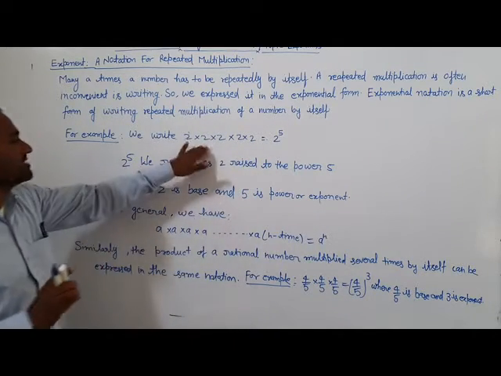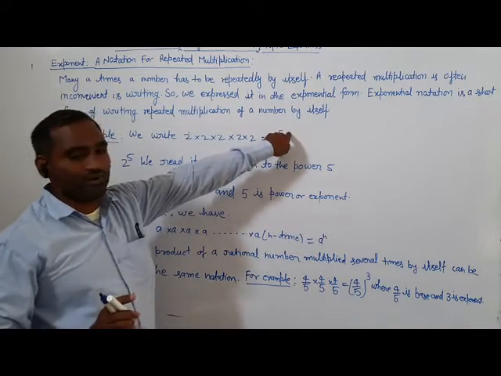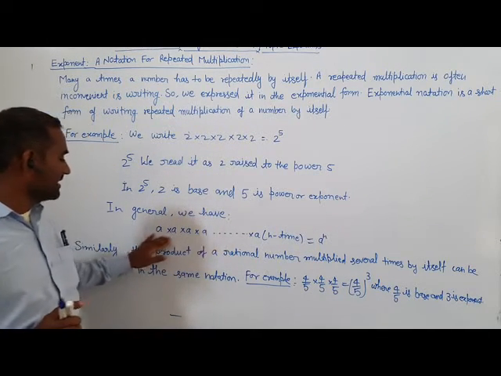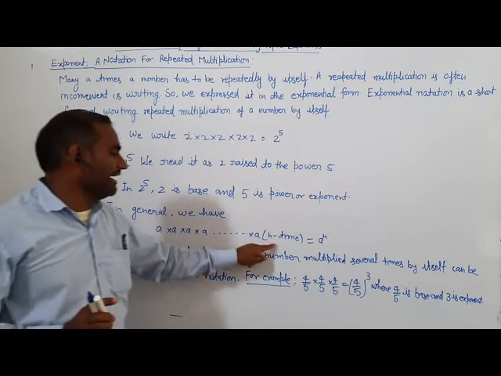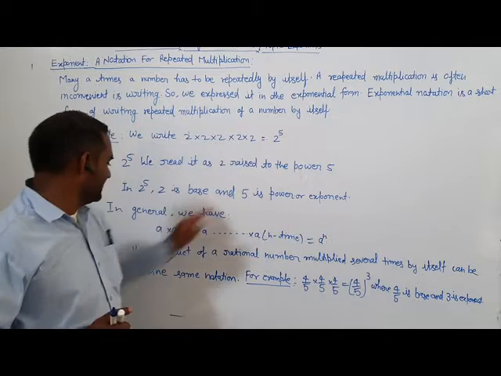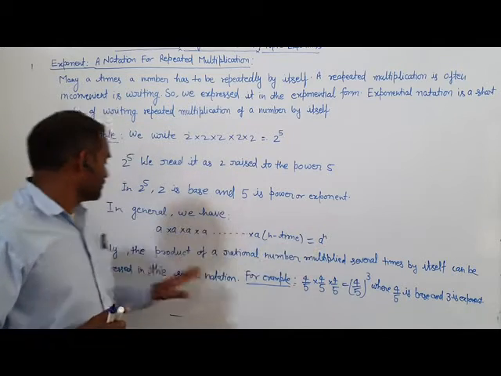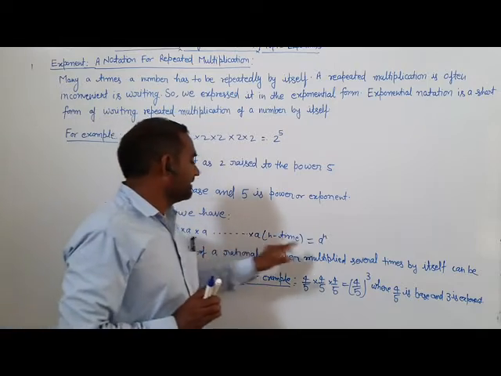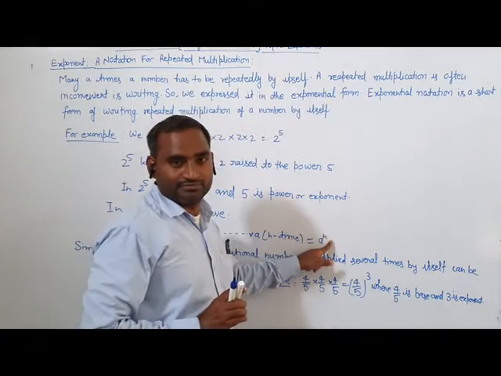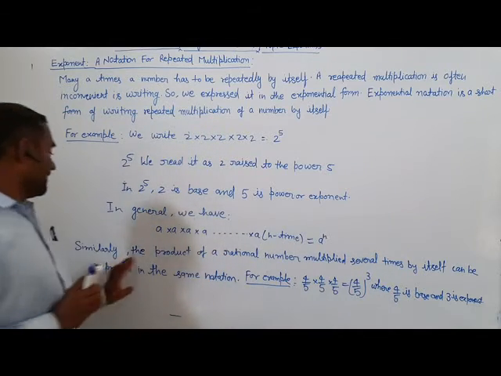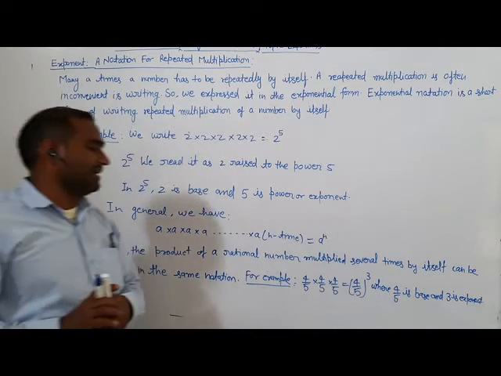In this way, a is multiplied n times, so we can write a raised to power n. Similarly, the product of a rational number multiplied several times.